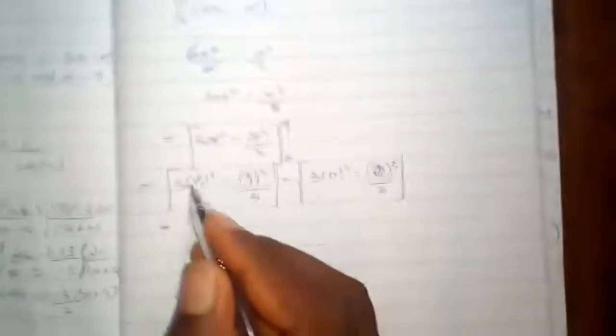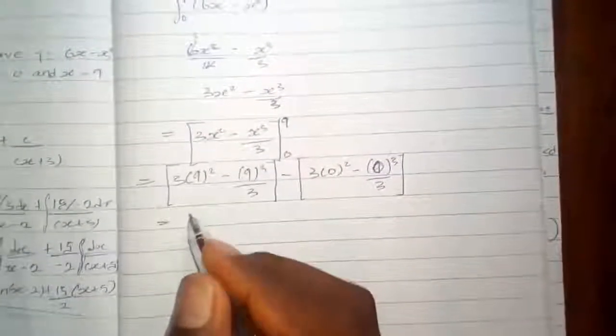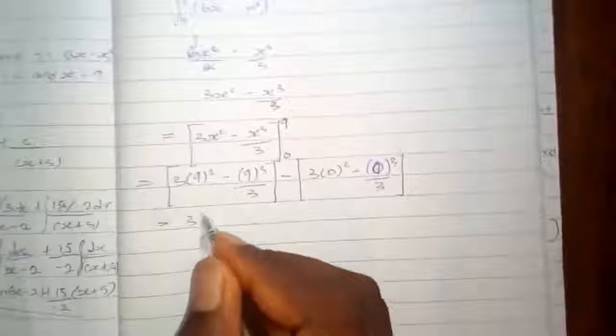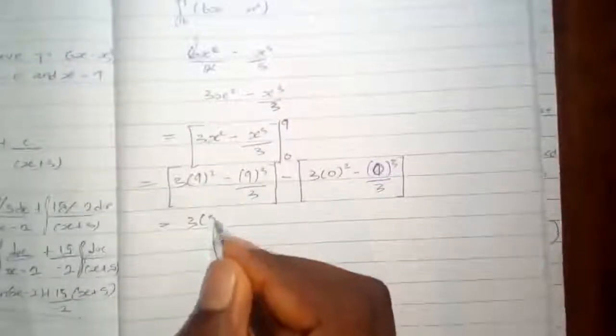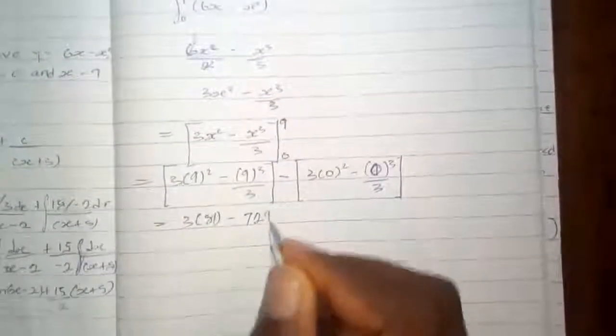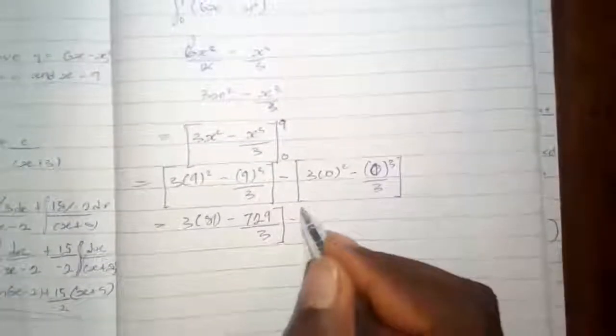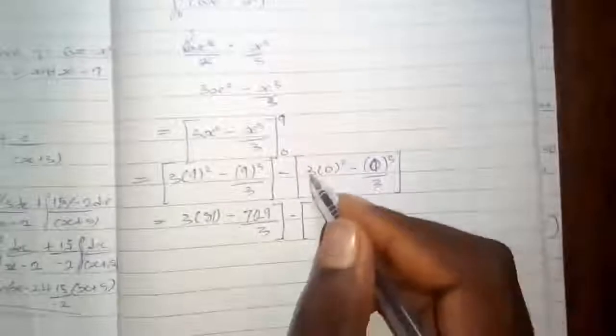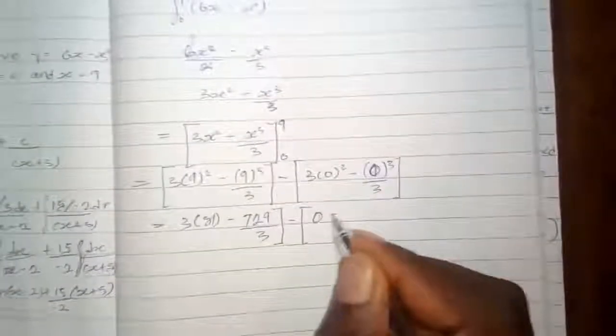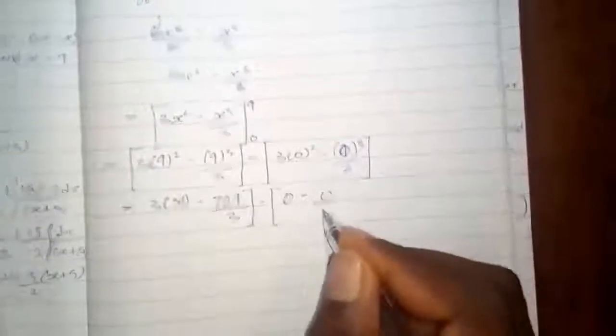So this is going to be 3 times 9 squared, which is 81, 243, minus 9 cubed, 729, over 3, minus this 0 squared 0, 3 times 0 is 0, minus this same thing 0 over 3.